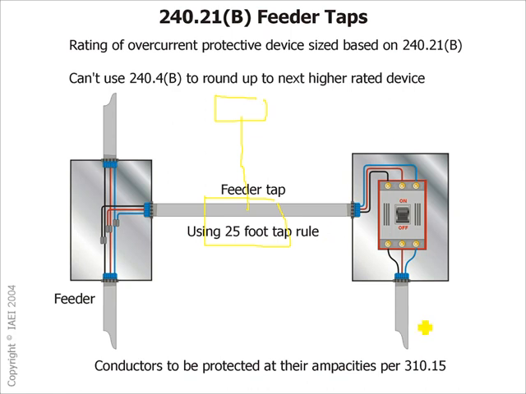Now, if I come out of here and tap this, is this a tap? No. This is not a tap because it has an overcurrent protection device here. That's a whole completely different animal. Tap is coming from here. Use the tap rule on that? Yes, now we can tap again here.